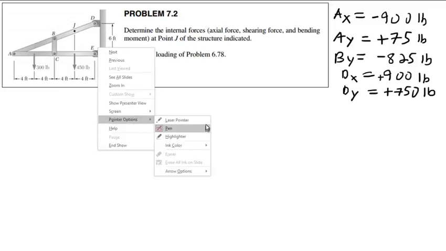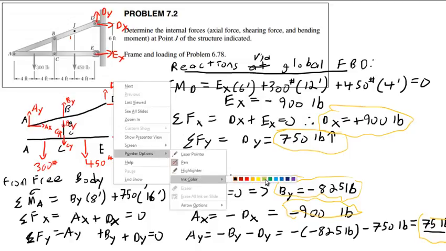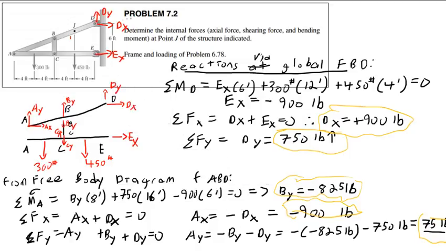So in other words, over here, if I show you some axes, yes, we have the global x and y axis, but then along the member is the axis we're really interested in for this problem. So we want an x prime axis and a y prime axis. We want the axes that are along and perpendicular to the member.